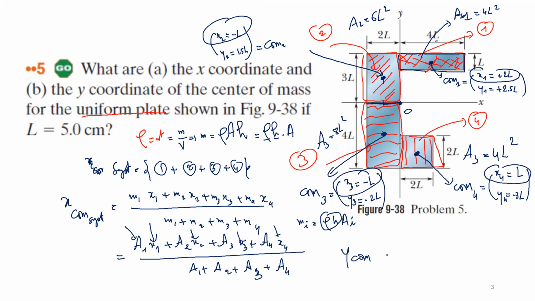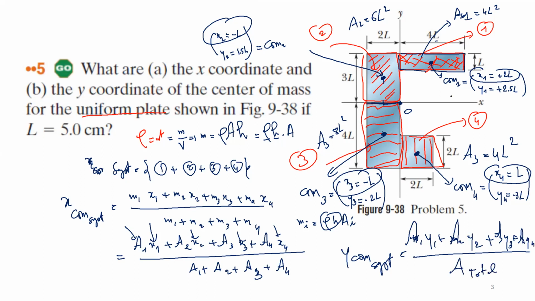Y of the center of mass of my whole system will be m1 y1 plus m2 y2, but of course the masses have rho H and the rho H will simplify. So I can just put the area directly: area 1 y1 plus area 2 y2 plus area 3 y3 plus area 4 y4, divided by the total area.